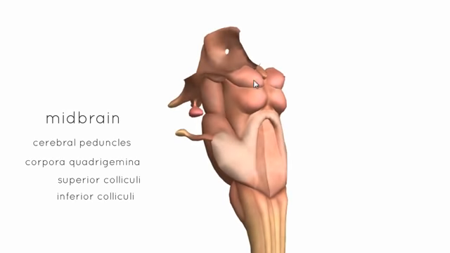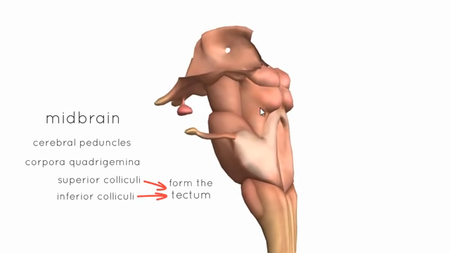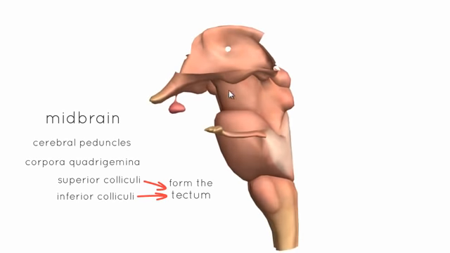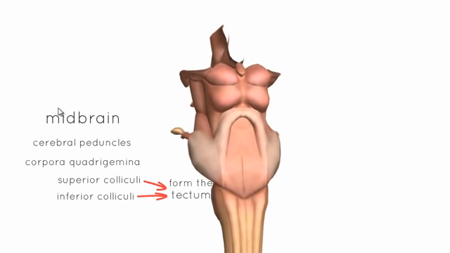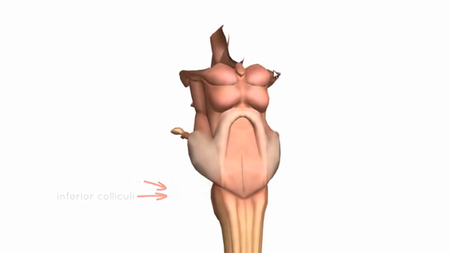These colliculi sit on the tectum, which is the roof of the midbrain. Tectum means roof in Latin. So these corpora quadrigemina sit on the tectum of the midbrain. So the midbrain is this structure here. You've got the cerebral peduncles, and you've got the tectum with the four colliculi.